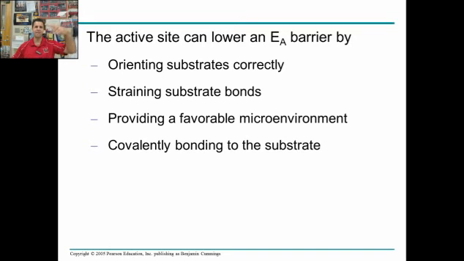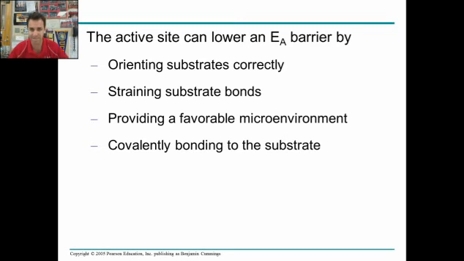So if I need to bind my pointer finger to my thumb, if the substrate is oriented like this, it's going to be very difficult to bind. But if an enzyme shifts and rearranges this, well, now these substrates are oriented correctly and I can form that bond. I can strain substrate bonds. So if I have a substrate that's shaped like this, okay, I'm not providing very much strain to break that bond. But if I now, with an enzyme, shift and strain this substrate like this, now it's easier to break that bond.